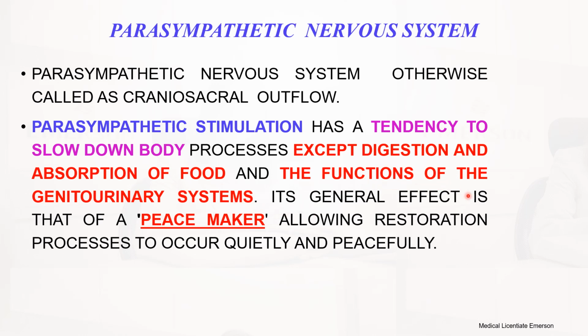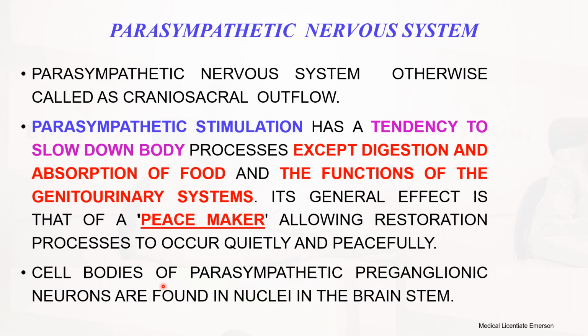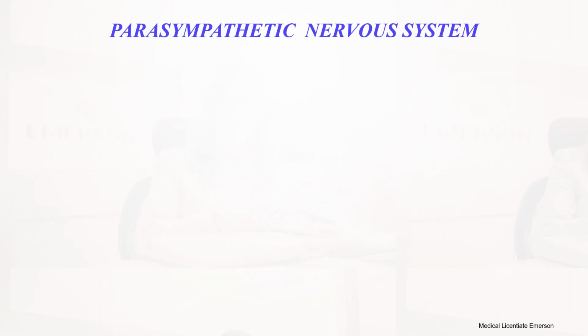Then its general effect is that of a peacemaker, allowing restoration processes to occur quietly and peacefully. Then the cell bodies of the parasympathetic preganglionic neurons are found in the nuclei of the brain.